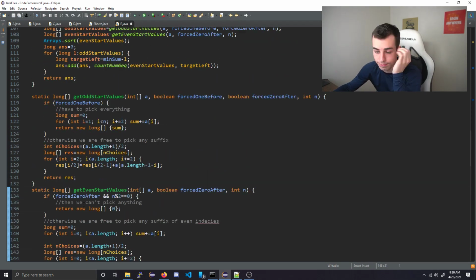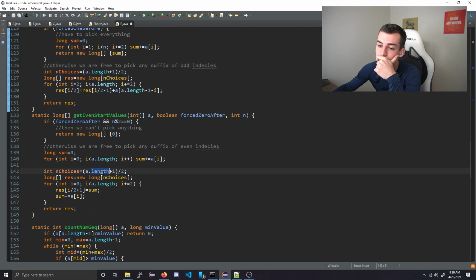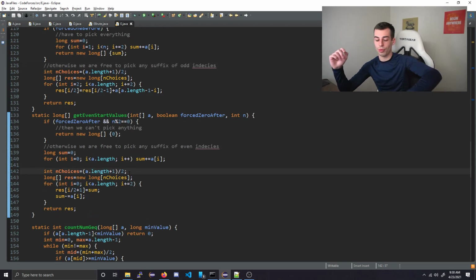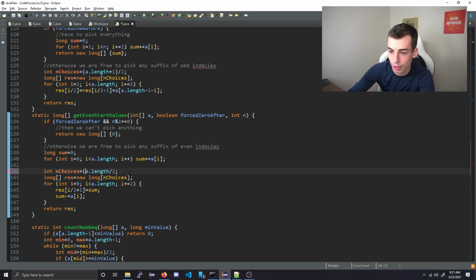Okay. Any suffix of odd indices. There are 3 things. You can take nothing. You can take just the middle one. If there are 4, you can take nothing. You can take this. You can take this. No, so it is over 2 plus 1.